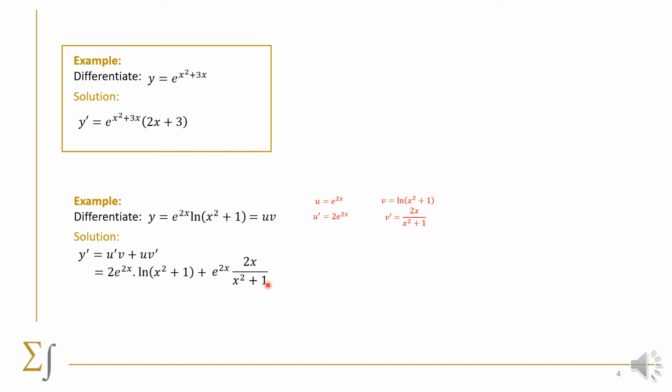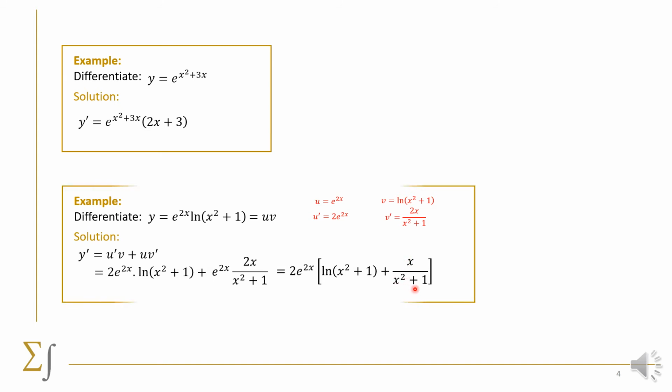Now let's take the 2 multiplied by e power 2x as a common factor. We can see it here and also here. So this will give us 2 e power 2x multiplied by ln of x squared plus 1 plus x over x squared plus 1. And that's it for this example.